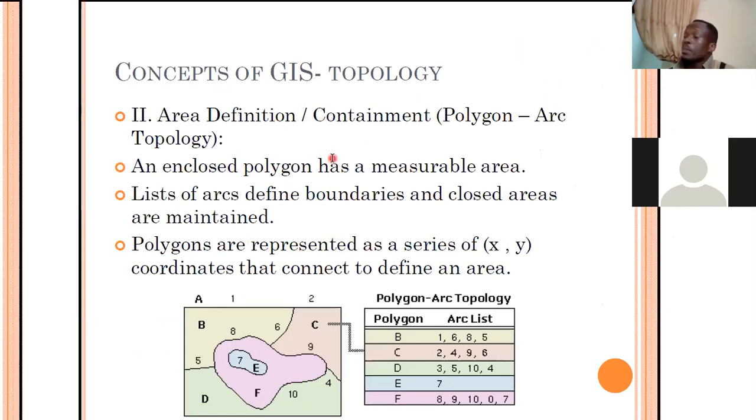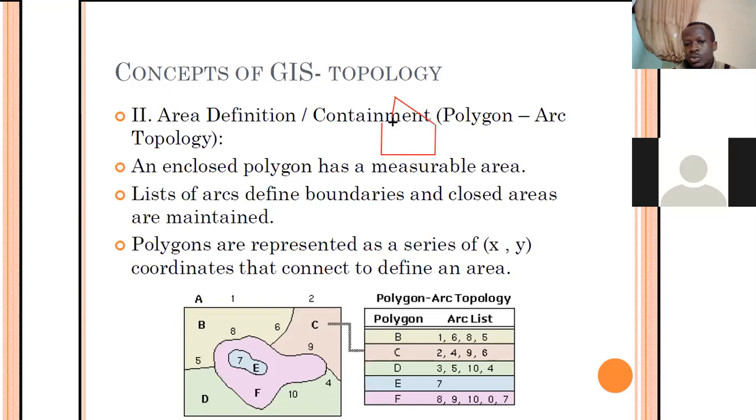Area definition has got to be polygons. It says an enclosed polygon has a measurable area. You can never measure the area of something that is not a polygon, which is not connected, which is not enclosed. So I can have this, I can have that. Can I measure the area of this? No, I can't. Can I measure the area of this? No, I can't, because they are not enclosed.